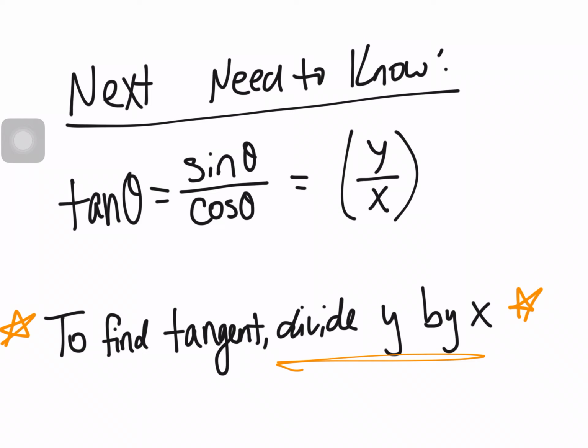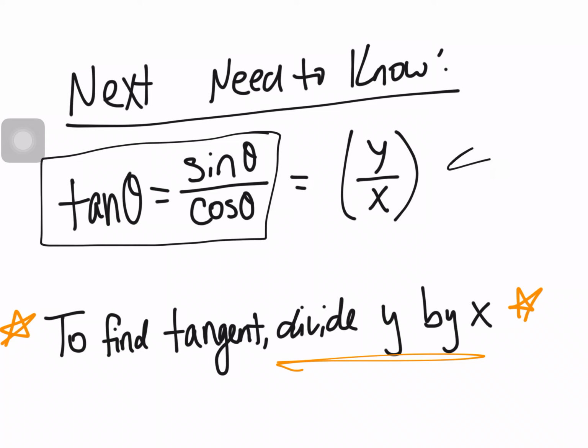Okay? One more scenario here is that we can actually figure out the tangent from all of our coordinate points on the unit circle. So when we're talking about cosine and sine, we can just look at the unit circle and we have our answer. Tangent, we're going to have a little bit of work to do.